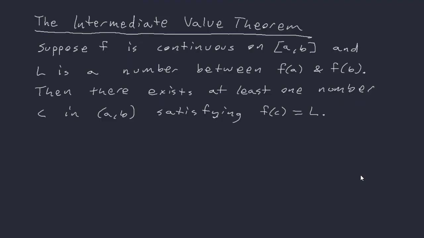Alright, so the last thing I want to talk about with regards to continuous functions is a really nice property we have about them, and it may seem kind of intuitive. It's what's called the intermediate value theorem, also known as, or what I often call, the IVT.